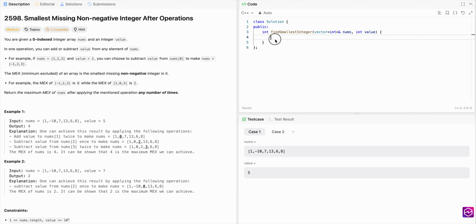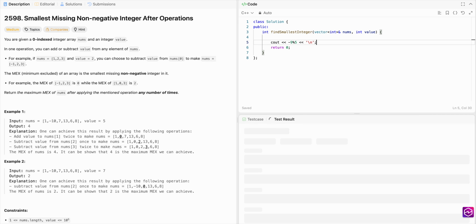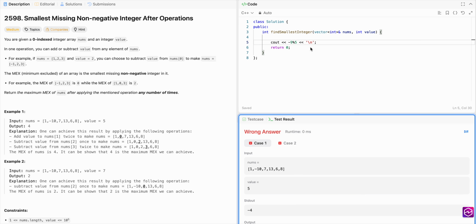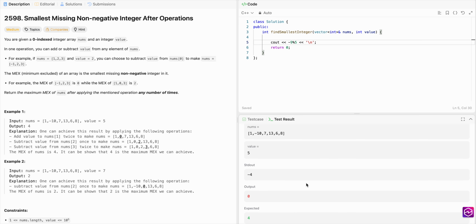One thing I need to see is what is -9 modulo 5. Is it 4? Okay, it's -4.